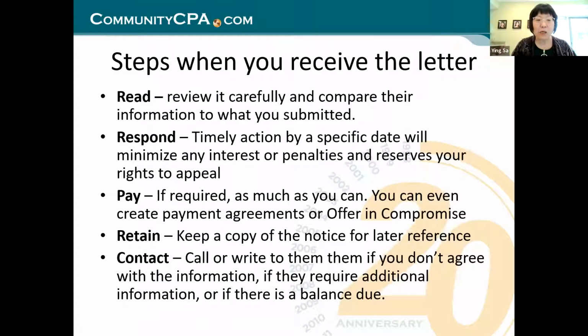And retain, you want to keep the letter. Keep the letter, keep whatever you send out. And also, if you called or talked to someone, do you know that you need to take down the ID of the person who spoke with you on the phone? That is so important. Sometimes that person would give you wrong advice.